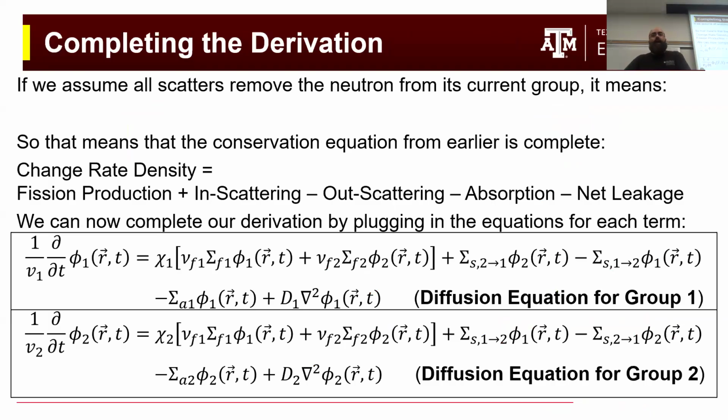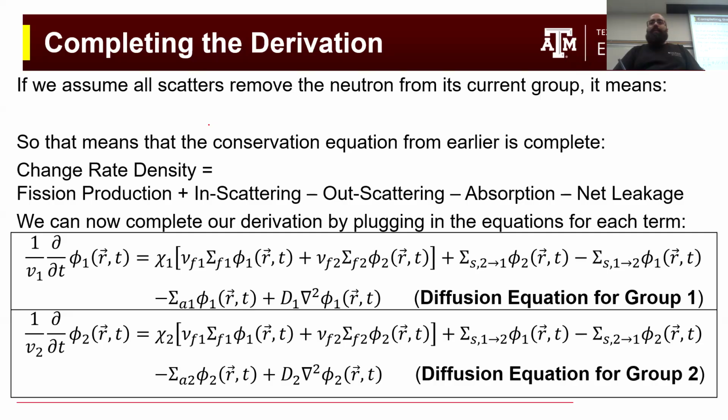And so to put all of this together, the only thing that we need to mention is that we're assuming that if there's a scattering event, then it's kicking the neutrons out of its current group. It means that we're not including any within group scattering. We're not going to consider in our balance equation neutrons that stay in the same energy group when they scatter.